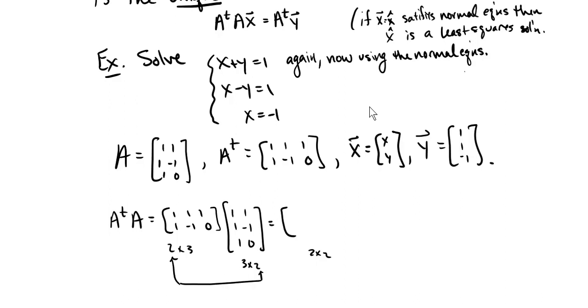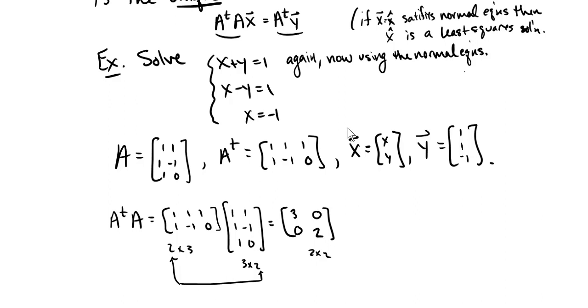The first row, first column looks like it gives me 3. First row, second column, I believe that gives me 0. You can check my work here. Second row, first column, also 0. Last row, last column, it looks like I get 2 actually. So that's A transpose A.